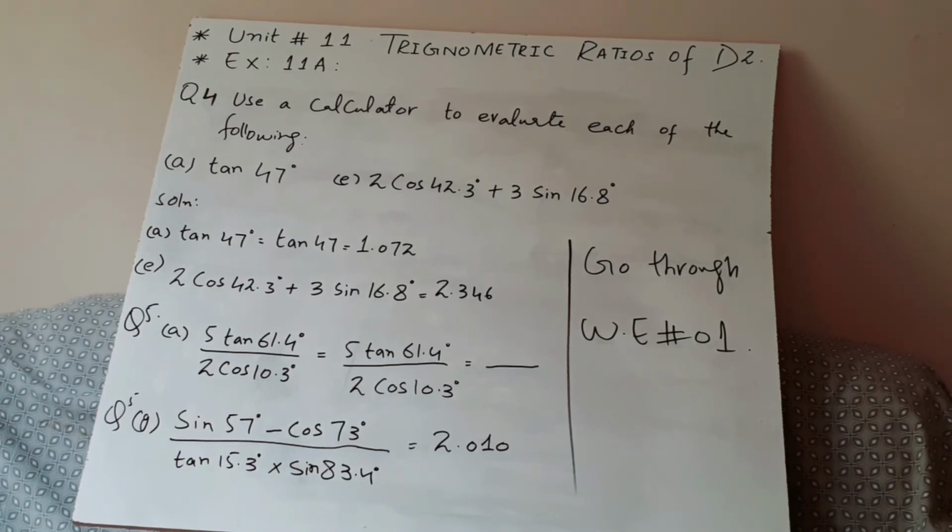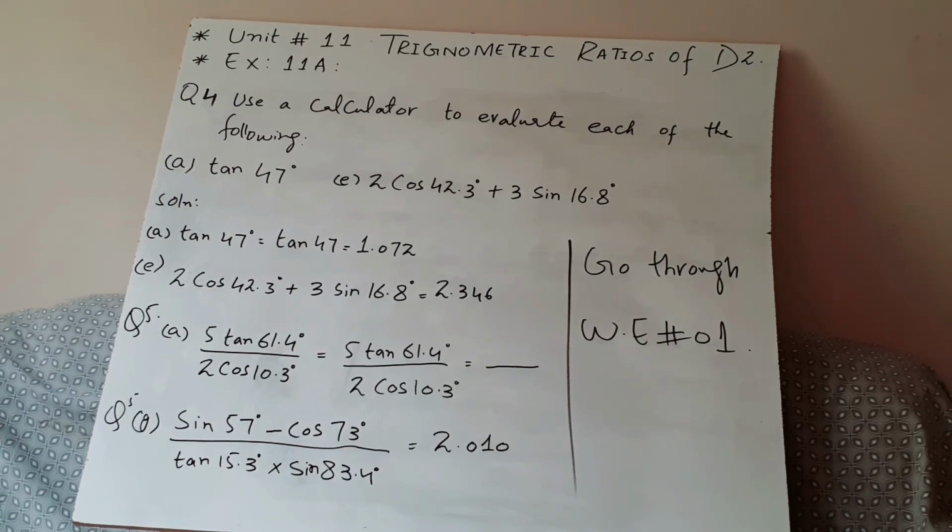First press the tan key, and then the round bracket will come on your calculator screen. Then press 47, and close the round bracket which is appearing on your screen.